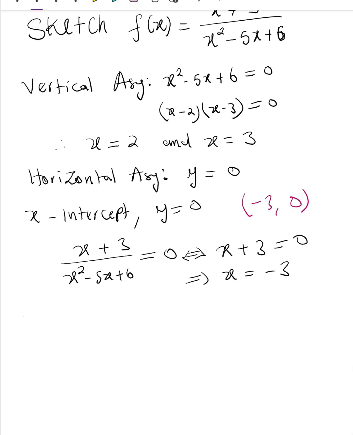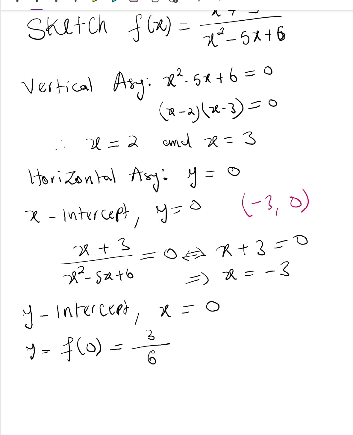Next, I find the y-intercept, if there is any. On the y-intercept, I know that x is equal to 0. So I compute f of 0, which is equal to what? That is 3 over 6, because all the other terms are 0.